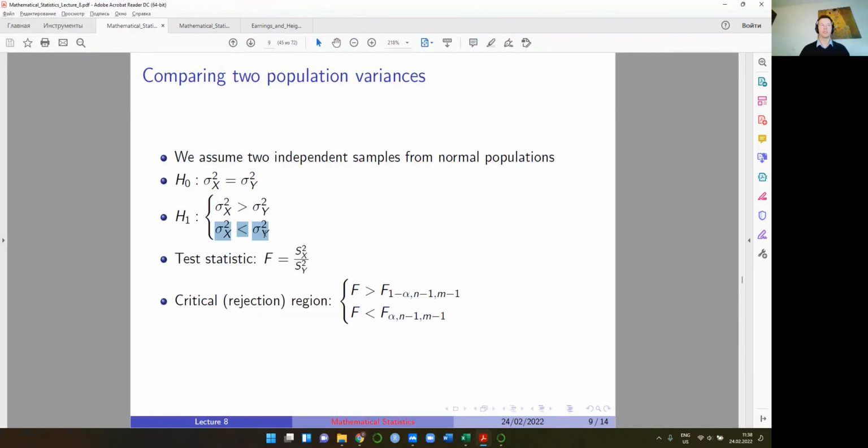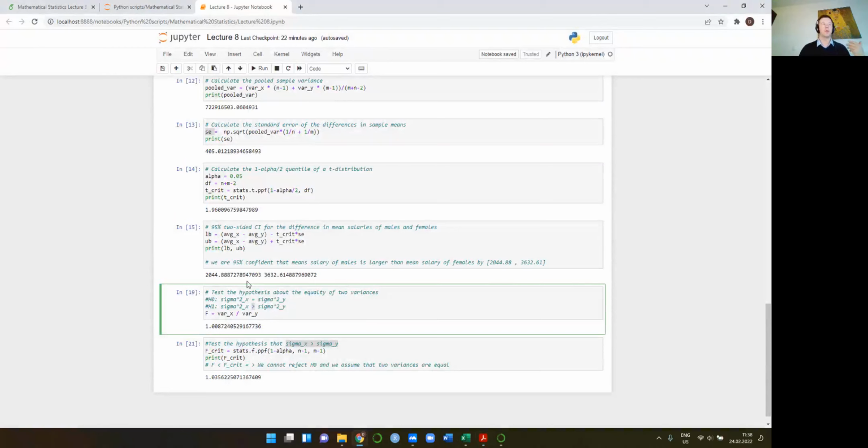If you wanted to test as an alternative that sigma squared x is less than sigma squared y, then you need to take this critical region and you need to take the lower quantile. But in this case, it's not necessary. Why? Because s of x is greater than s of y, so we have an F statistic which is greater than 1, because the left quantile is going to be automatically less than 1.